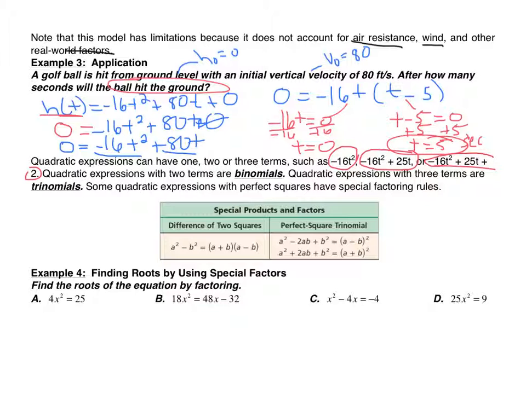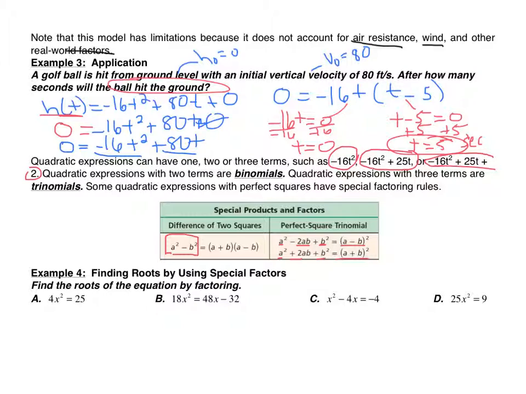If our expression looks like something squared minus something else squared, we can factor it into a plus b, a minus b. If we have a squared and b squared, and then 2ab in the middle that's doubled with a minus, then we know it's a minus b quantity squared. If we have the same thing with plus 2ab in the middle, then we know it's a plus b squared.